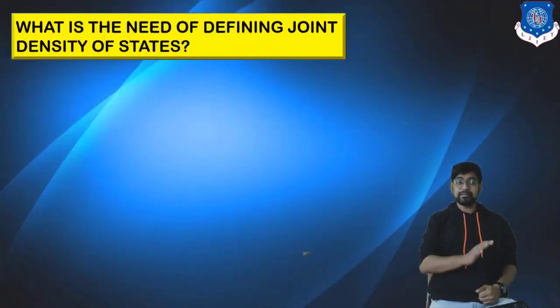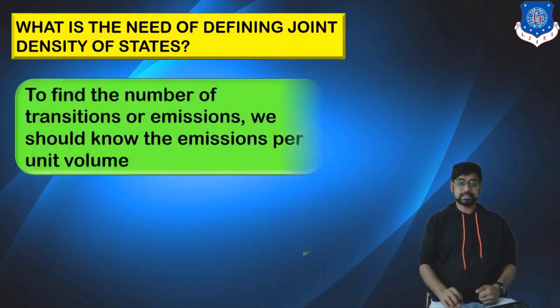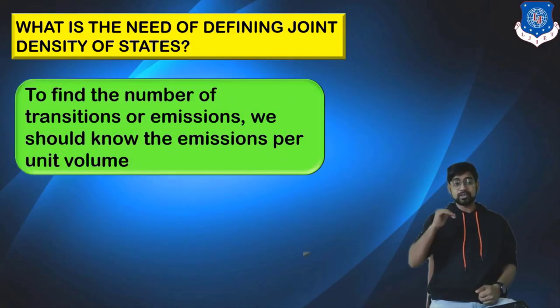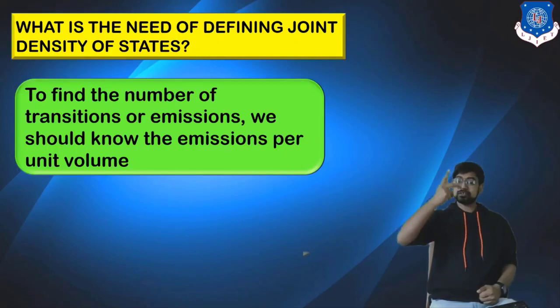Now, why do we require, or what is the need of defining, the joint density of states? To find the number of transitions or emissions, we should know the emission per unit volume. Why do we require the density of states with respect to photons? Because whatever the number of transitions is, that amount of energy, in terms of photons, would be released.